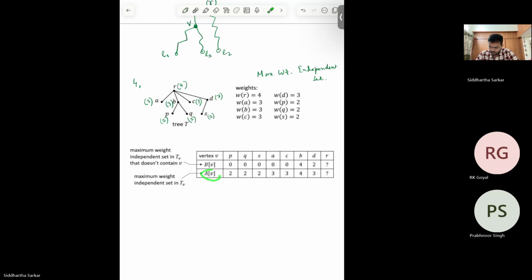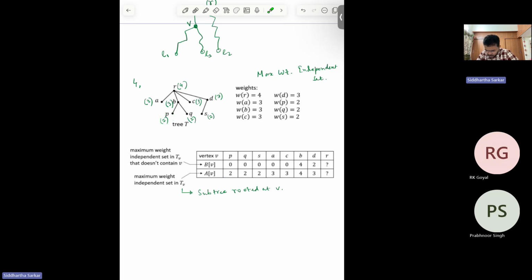A of a given vertex V is the maximum weight independent set in the subtree rooted at V. T(V) is the subtree rooted at vertex V. So if I am looking at a particular vertex, let us say vertex P, then the subtree rooted at P is P itself, so the maximum weight independent set is 2, because it is a single vertex.